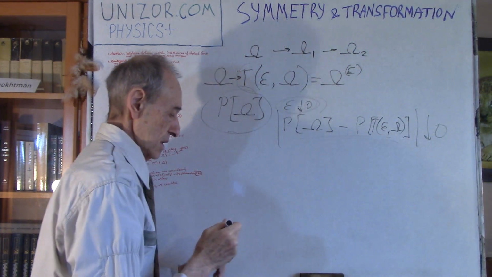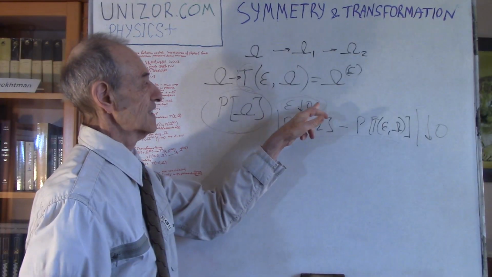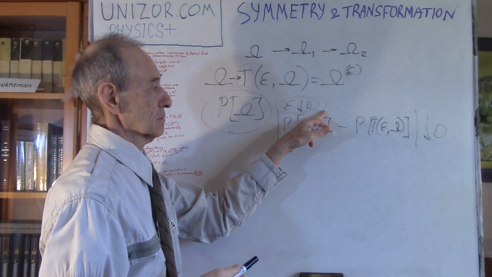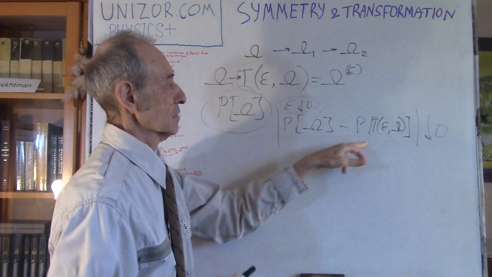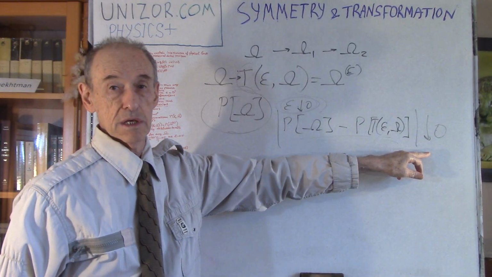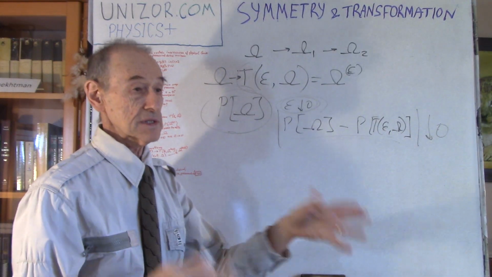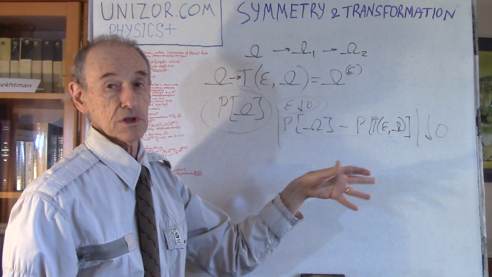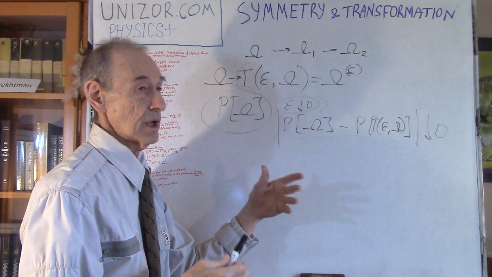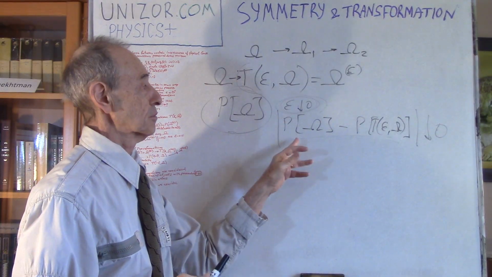Okay? So if from infinitesimal epsilon follows infinitesimal change of the property, then we can say that the transformation is a symmetry relative to this particular property.